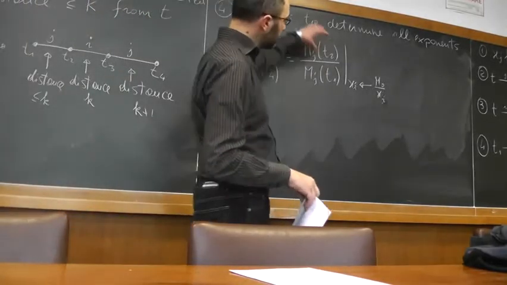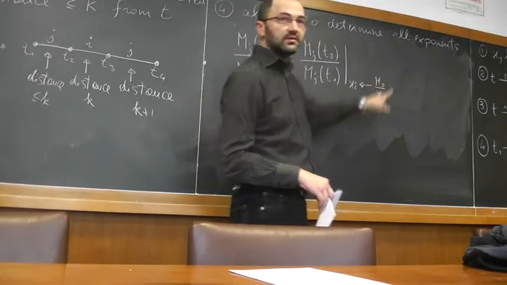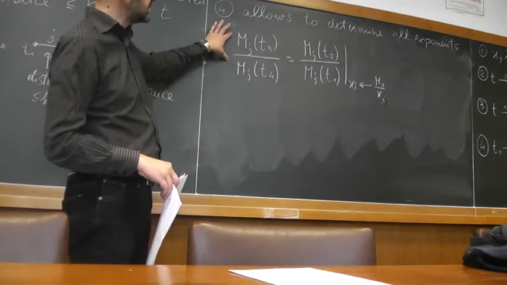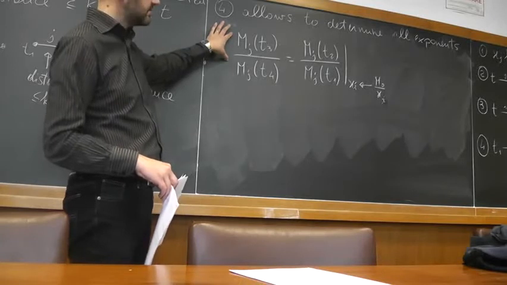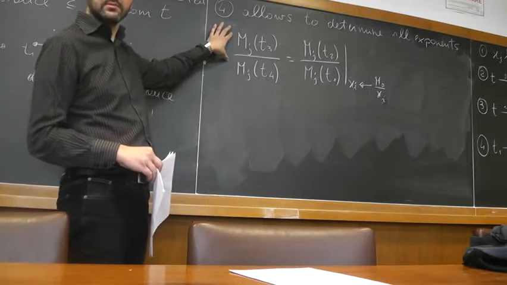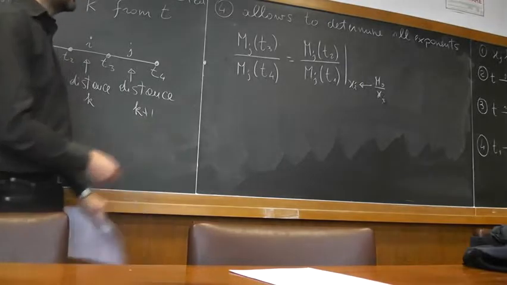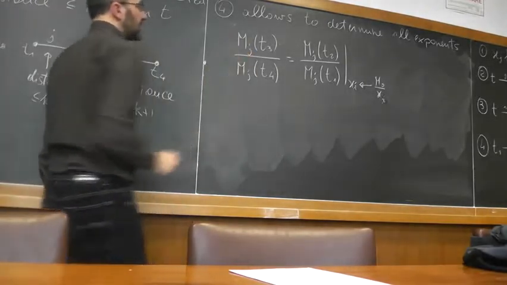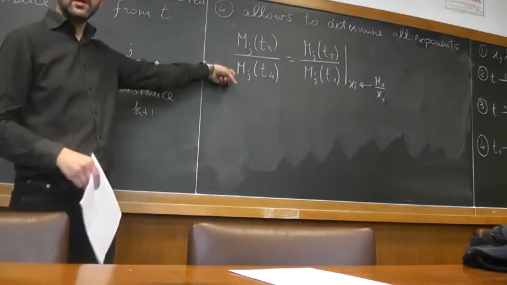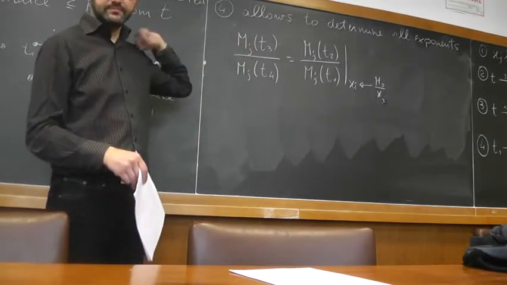So in any case, we know all the exponents of the variables appearing here, here, and here. And so we know the exponents appearing in this quotient of monomials. Since these are monomials, if we know these exponents, if they are positive, they come from the monomial MJT3, and if they are negative, they come from MJT4, because these two are relatively prime.